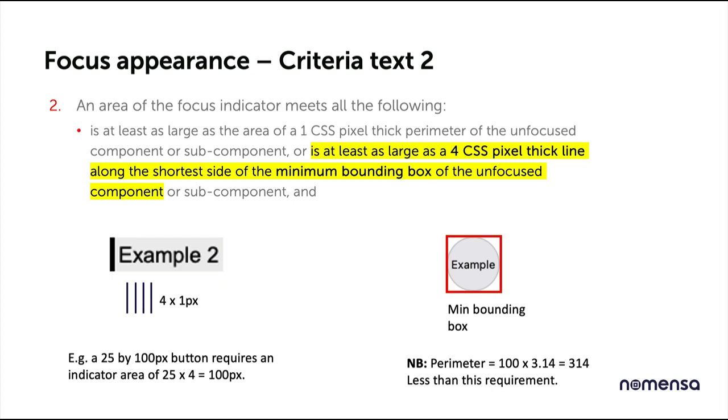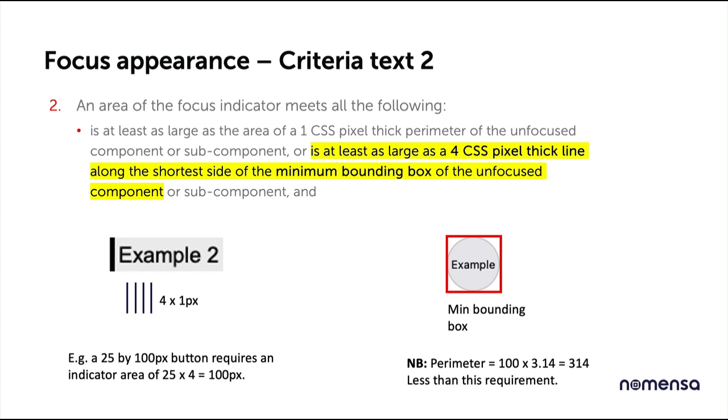So for example, a 1 pixel perimeter of the circle wouldn't pass this size metric, but it does pass the first one. So a circle, the perimeter of that is 2 pi r, so 100 times 3.14, if it's a 100 diameter circle, equals 314 pixels. So that's less than the 400 you would need for a 100 by 100 square.